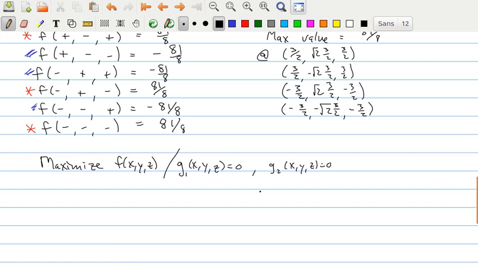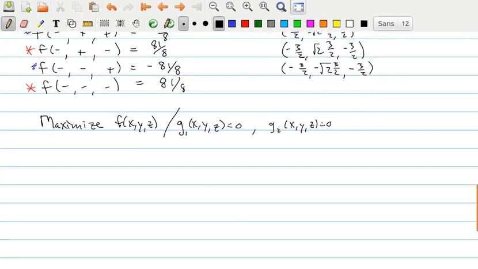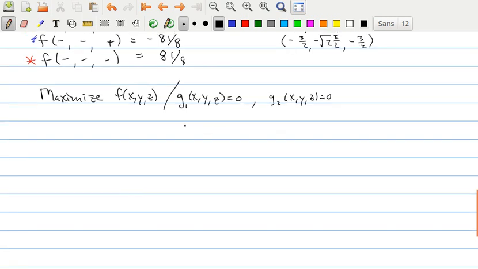So maybe we want to find the maximum temperature subject to being on the surface of a sphere and along some plane. So we've got 2 separate constraint equations that must be satisfied simultaneously. We'll go through and do this setup because an example will just take too long.